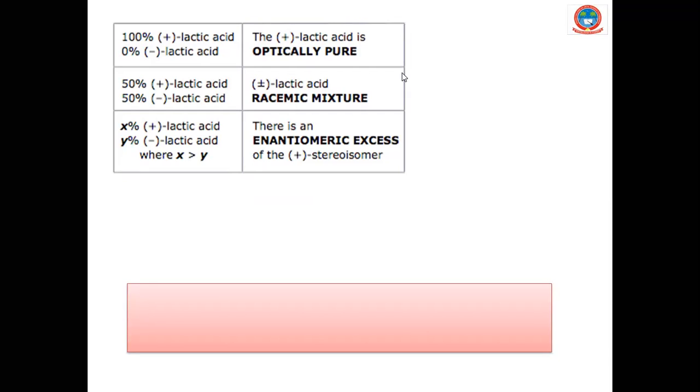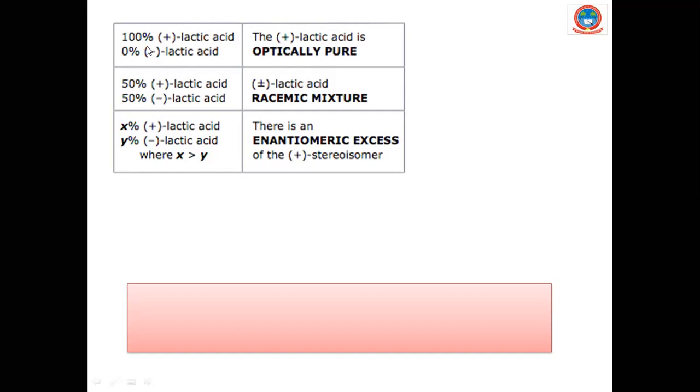When we have 100% plus lactic acid and 0% minus lactic acid, then it is called optically pure, right? Or you can reverse it. You can take 100% minus lactic acid and 0% plus lactic acid.